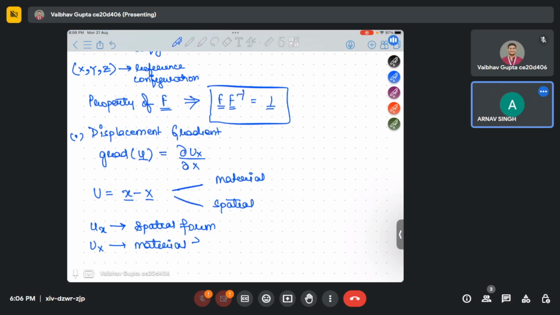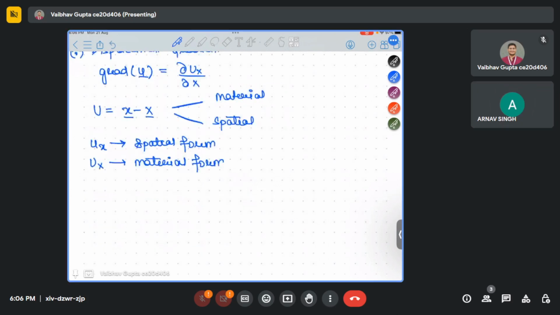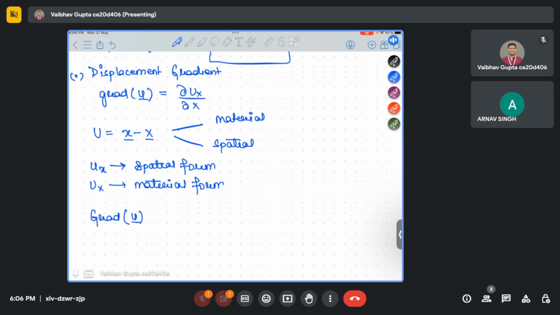Material form. So whenever I write capital G, grad U, it means I am taking the displacement gradient in material form. This is the notation followed in the lectures also. So this is a partial derivative of the displacement in the material form.